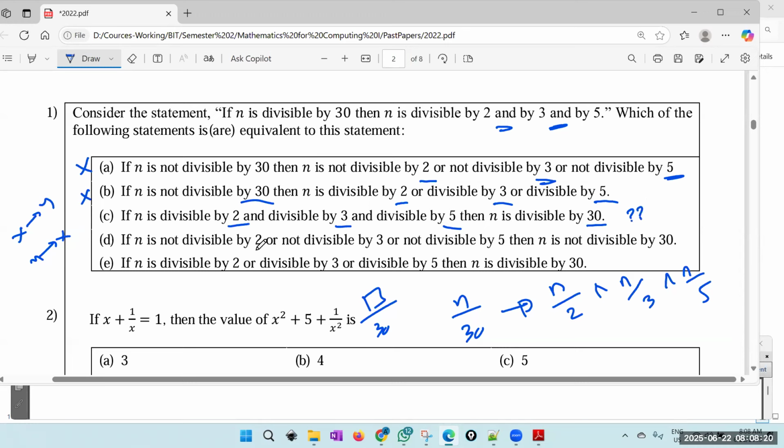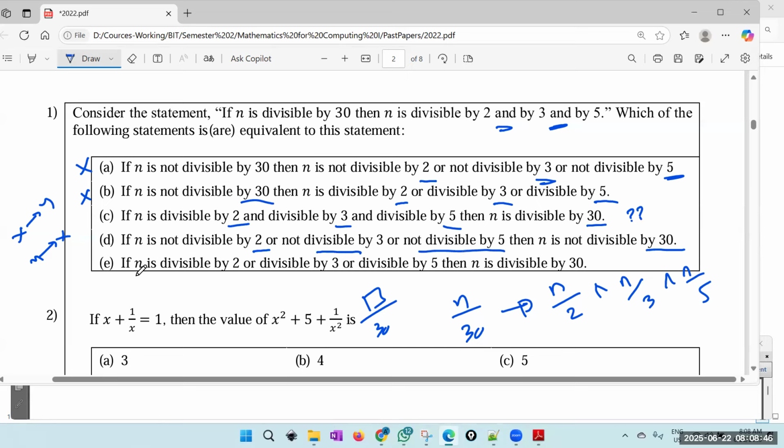If n is not divisible by 2 or not divisible by 3 or not divisible by 5, then n is not divisible by 30. That is a tricky question, right? Not divisible by 2, not divisible by 3, not divisible by 5, then n is not divisible by 30.